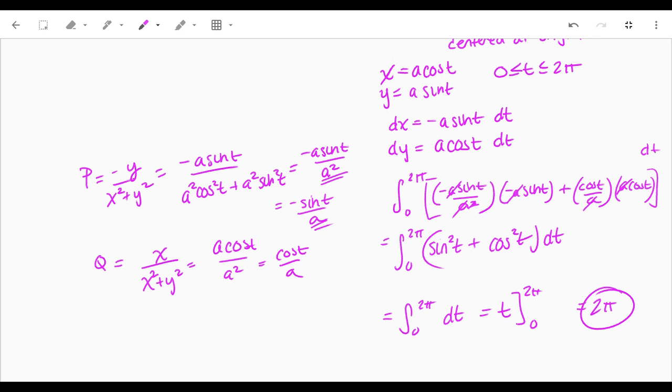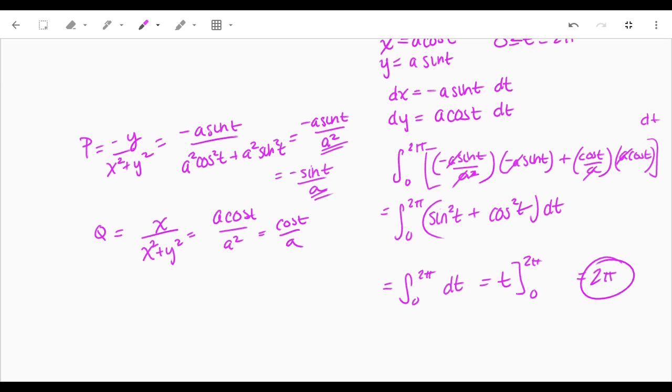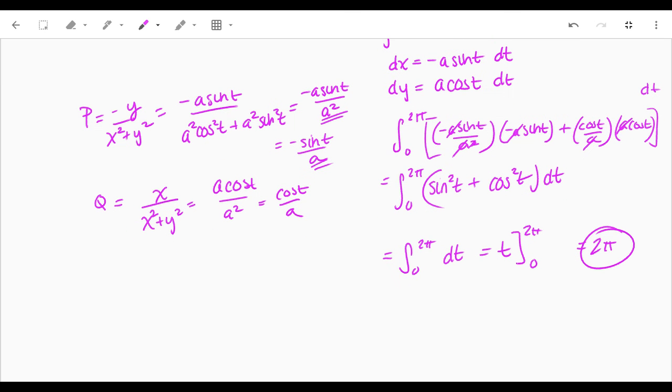Okay. And did I lose a negative somewhere? I'm going to have to take a look at this again. The integral then that I was looking for, negative. No, I think I lost a negative somewhere. Hold on a second.